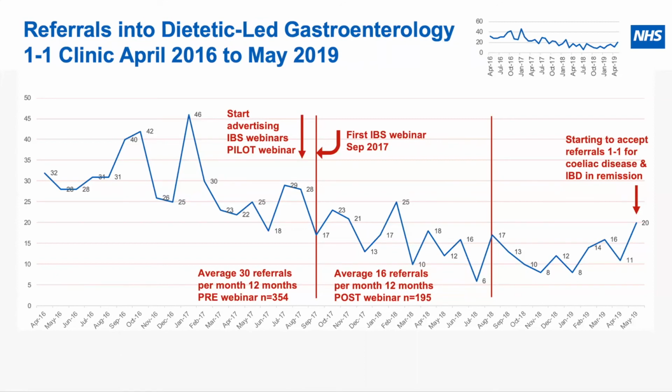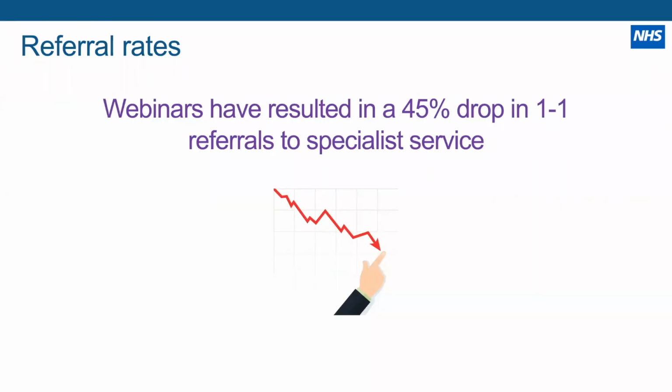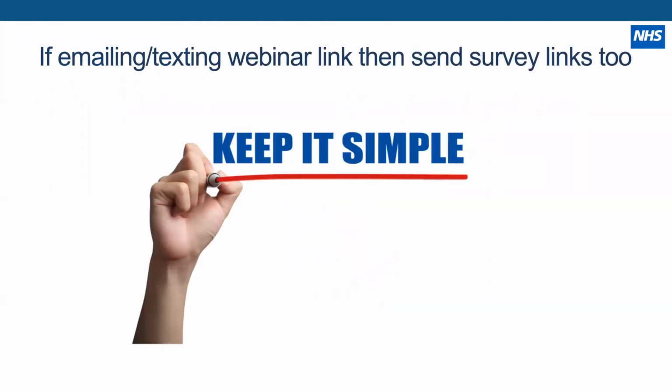And they only start to pick up when we actually start to accept celiac and IBD and remission referrals as well. So actually what happened is that we had a 45% drop in our one-to-one referrals in our specialist service within the first year of using the webinars, which was absolutely revolutionary and meant we could now dedicate more time to other areas of unmet need, like the celiac community and like the IBD and remission community as well.